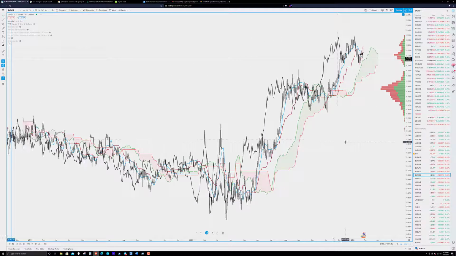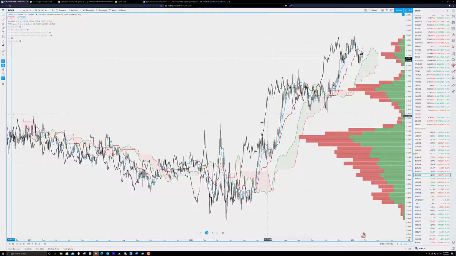Now, if I scroll out and I look at the volume profile from March 20th of 2020, the COVID crash lows, we can see a ton of accumulation up here, and then we see the volume profile thin out.